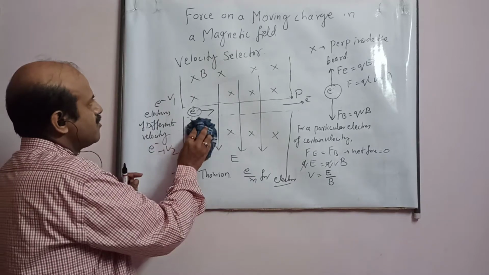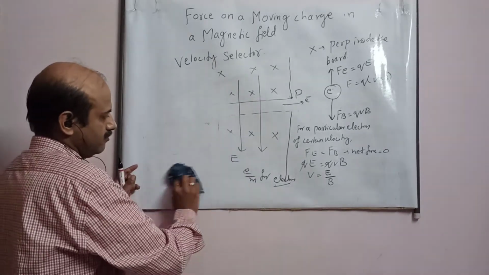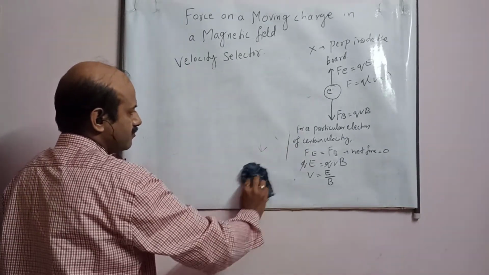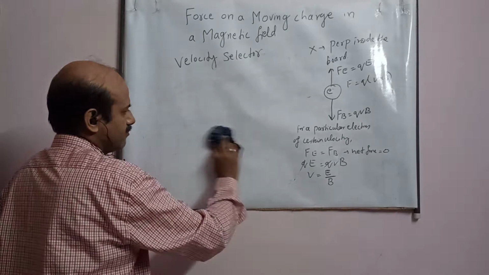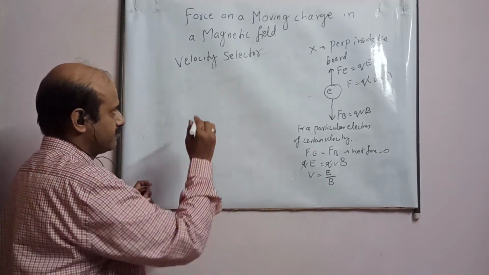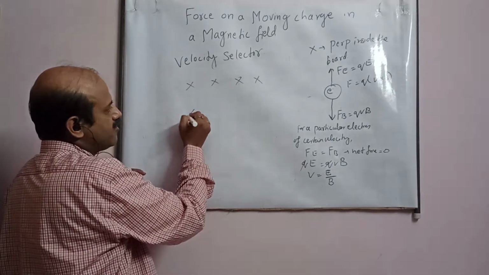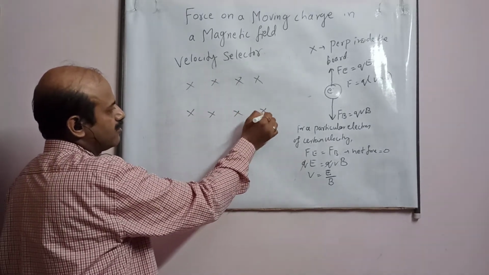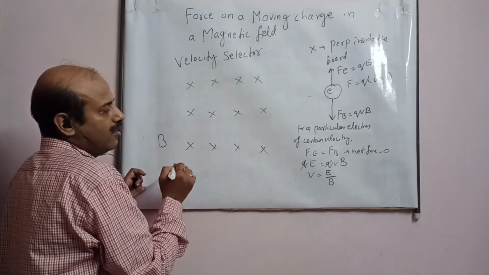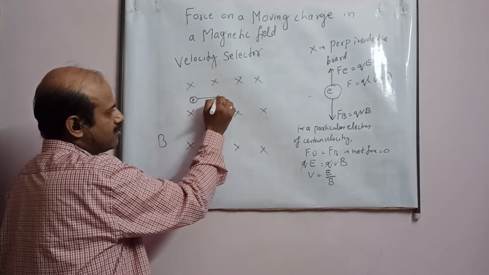Let's, students, solve some more problems related to this. Suppose, student, we have again a magnetic field inside the board and the charge is moving this way, student, a positive charge.